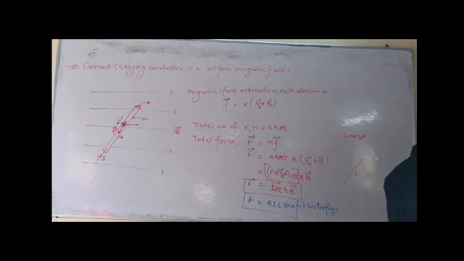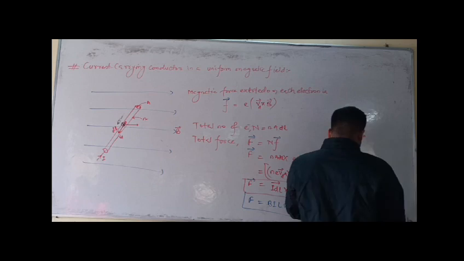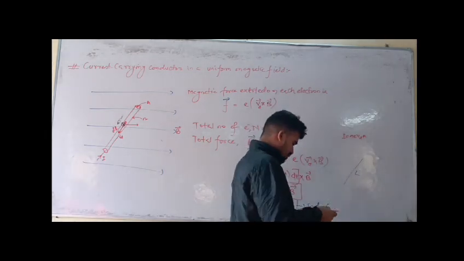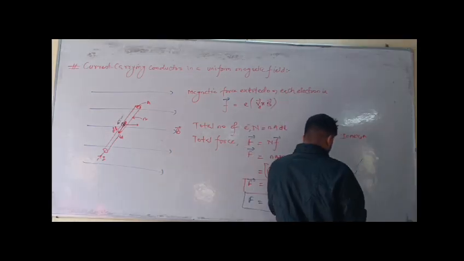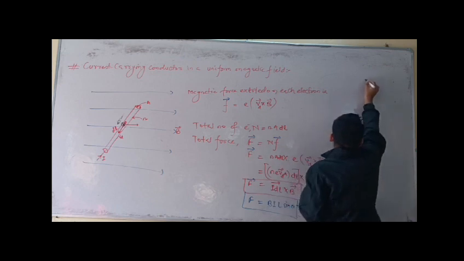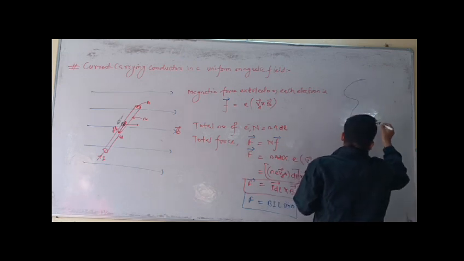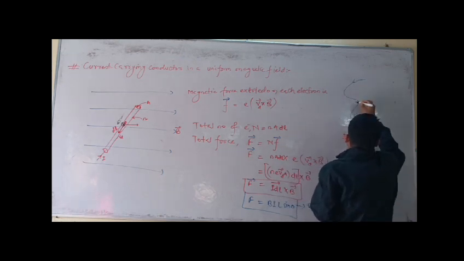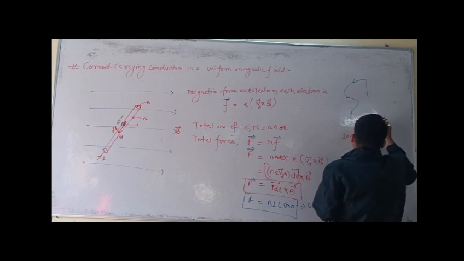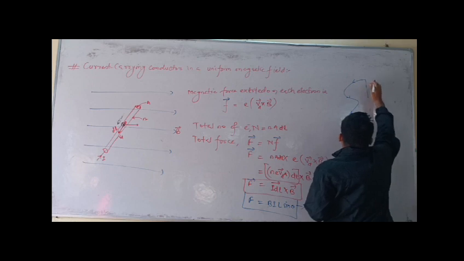This is how we have to calculate. Now, listen everyone. What if the current element is like this? Current is moving like this. These are the end points, okay?